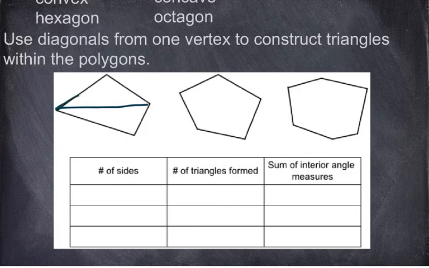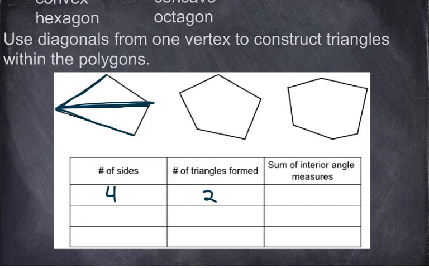Because notice going to the others is actually along the outside of the polygon. So here it says the number of sides. We had 4 total for this first one. Okay? How many triangles were formed when we had a 4-sided polygon? Well, we created 2 triangles by, again, drawing this segment going across.